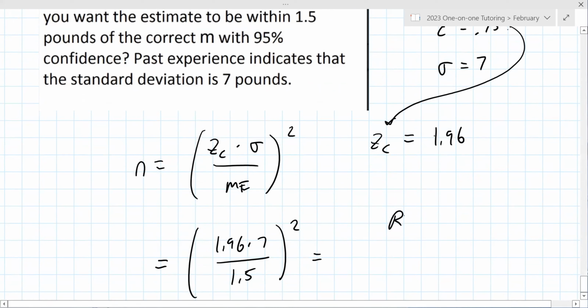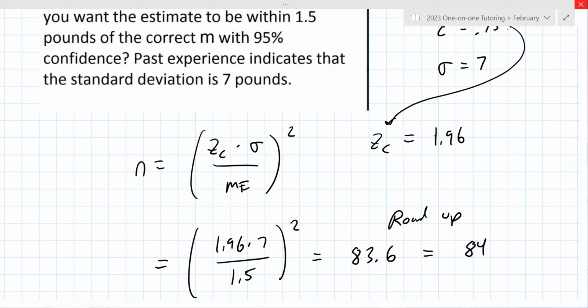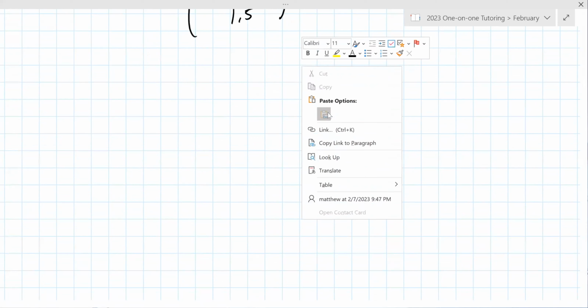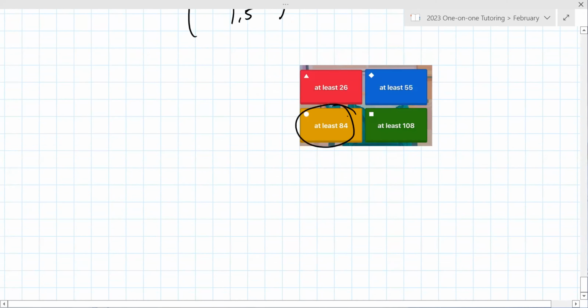I don't remember. You have to round up, to the nearest whole number. Yes. You're welcome to calculate that. It's the orange one, I guess. It's debatable.